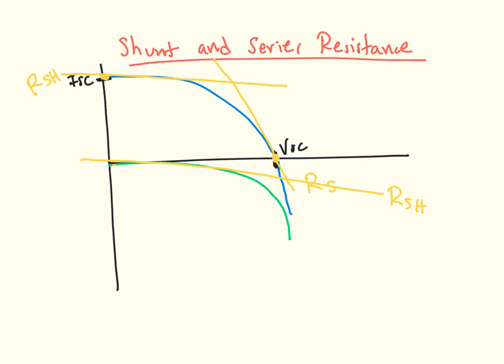I just want to mention that these are just estimates, because this graph was done under no illumination and this one was done under illumination. You might get slightly different values between these two estimates, but it just depends on how well your cell works under illumination or if there's anything wrong with it.